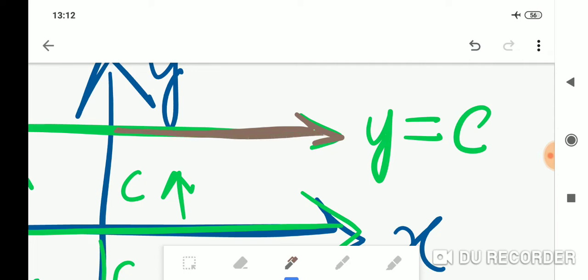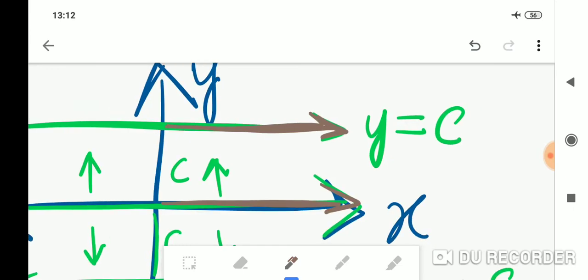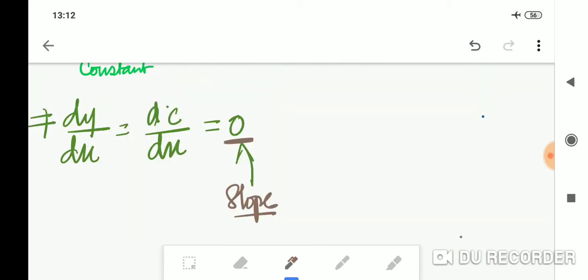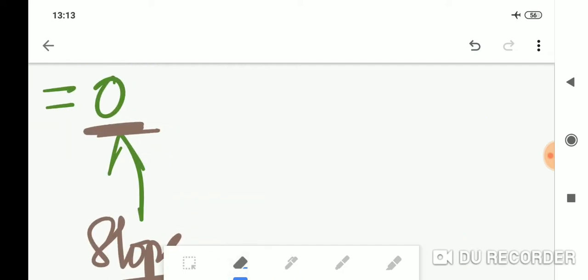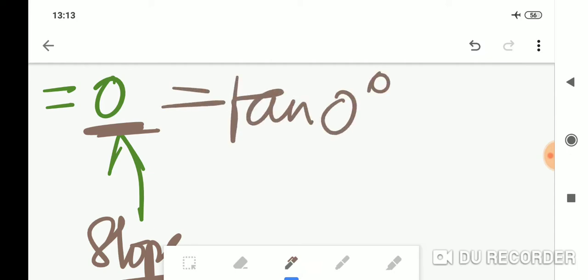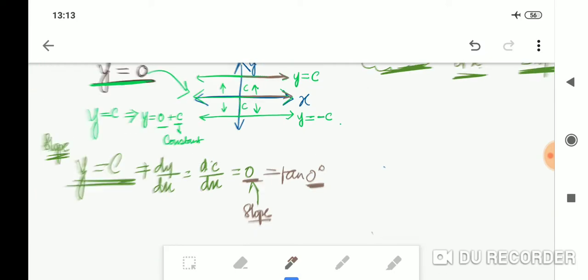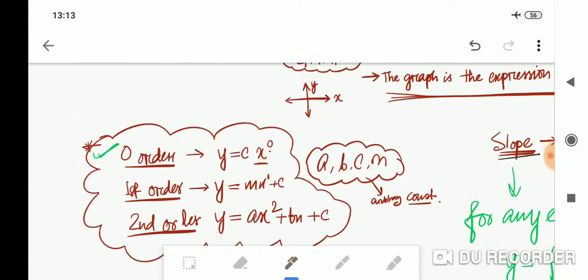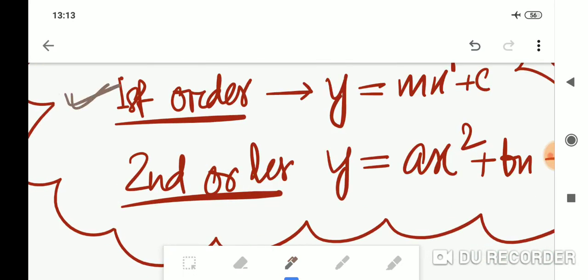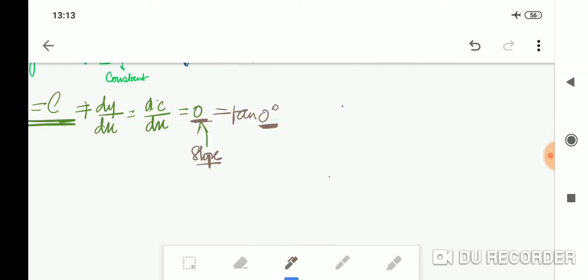It is the x-axis, it is the line, and this is the x-axis. So this is having an angle of 0 degree. So hence it is proved this slope is 0. Okay, slope is 0, 0 degree. That's it. Now we'll move to our first order equations.